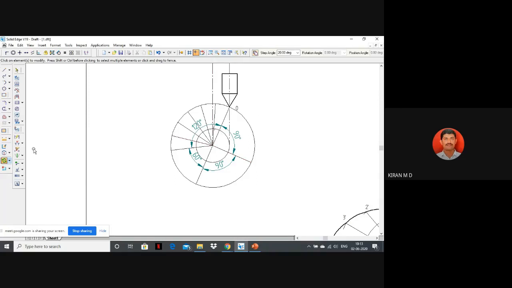So it is, will mark, this is 0, this is 1, this is 2, 3, 4, 5, then 6. Again, it is same only. Now again this one, divide this one. Okay. So it is 90 degree means 15 degree each.